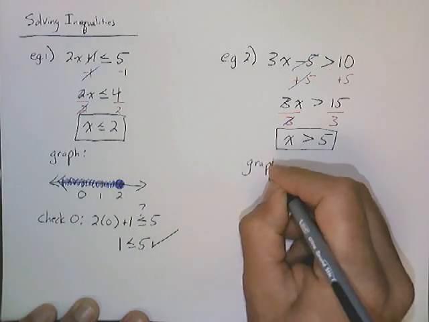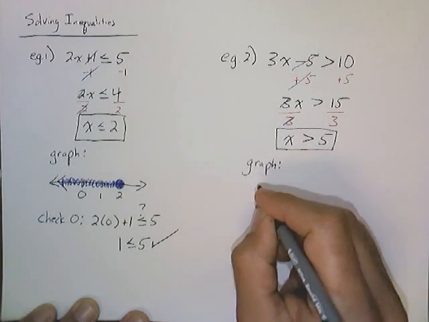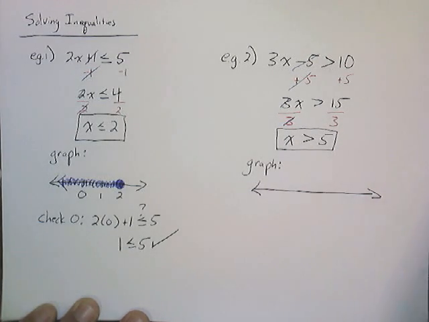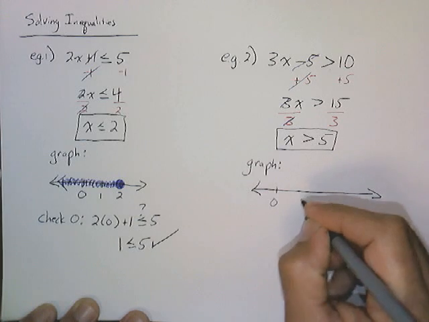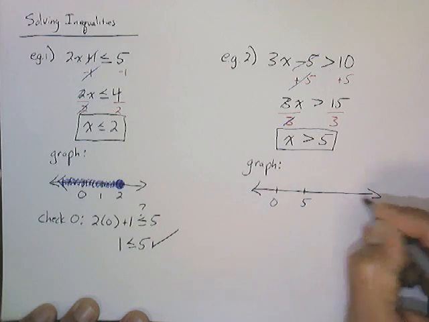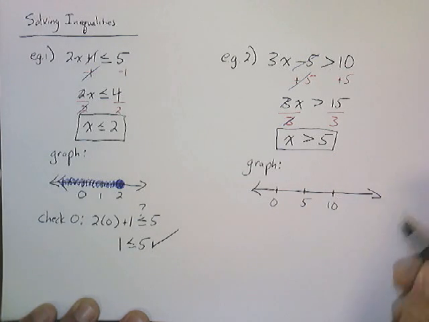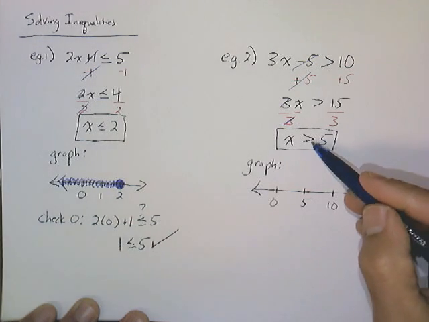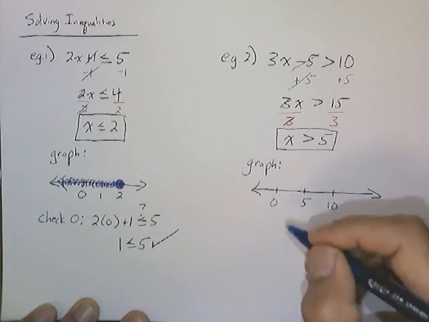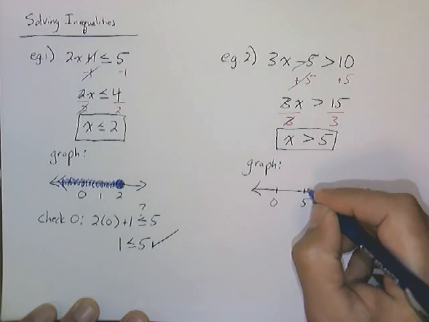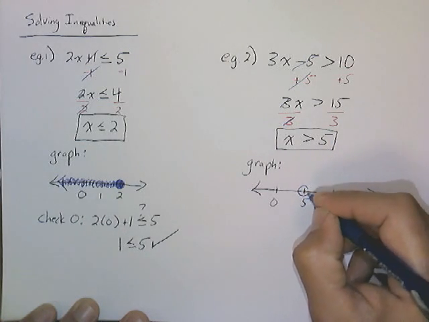Again, we should graph this. Let's see, here's 0, here's 5, here's 10, say. Now this is a strict inequality, so we don't want where the equality happens, meaning at 5. So we're going to put an open circle there.